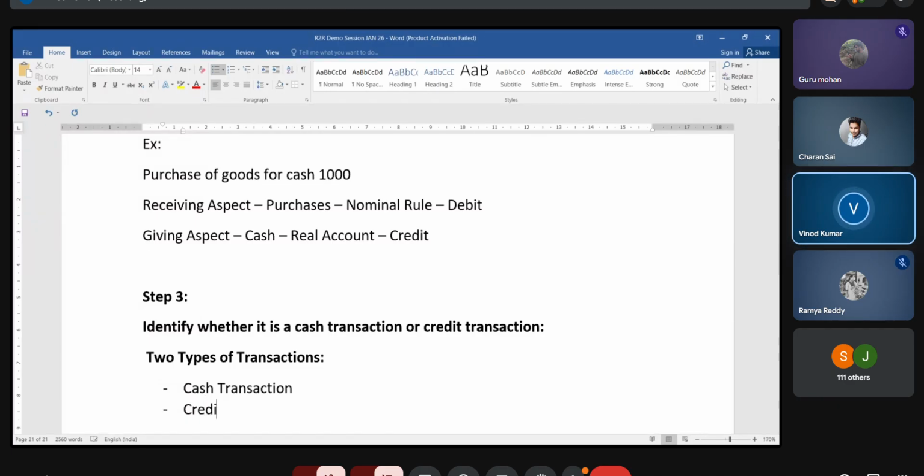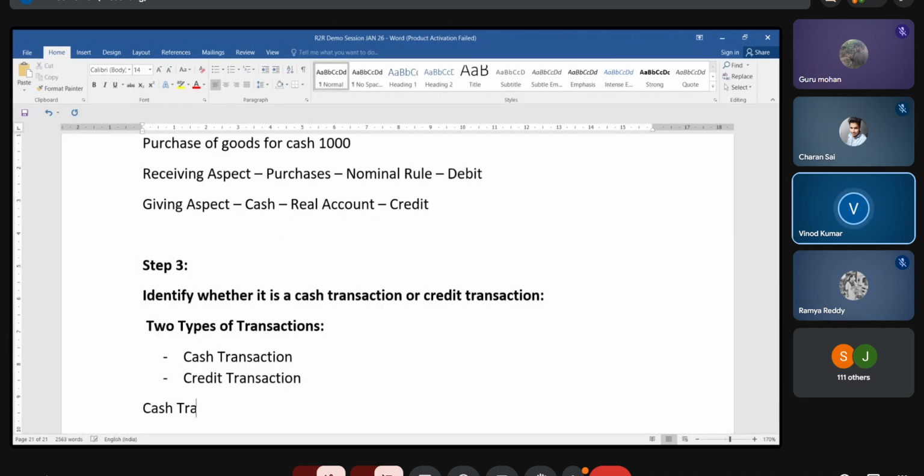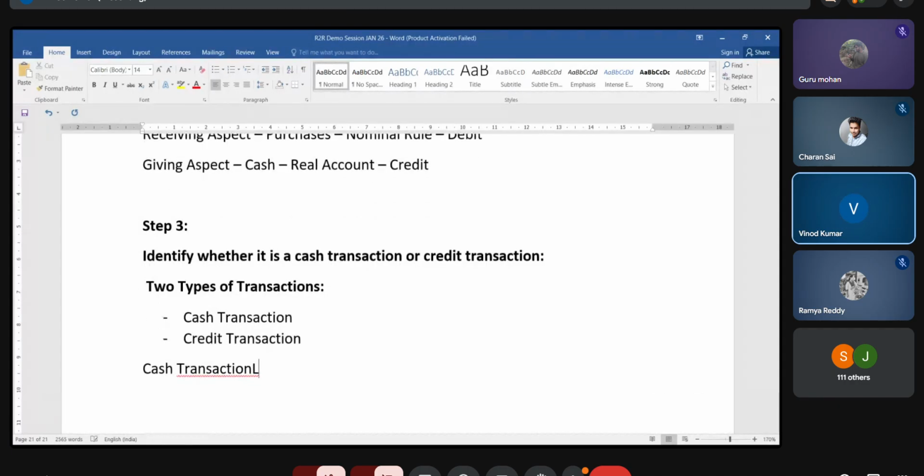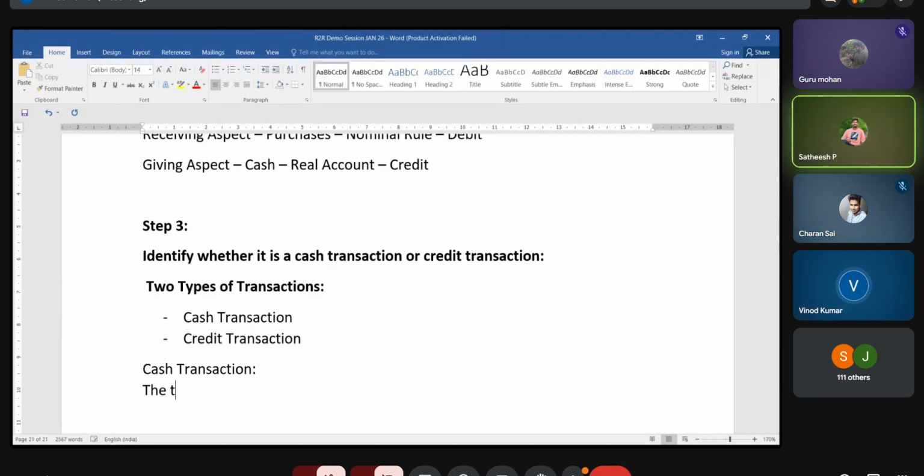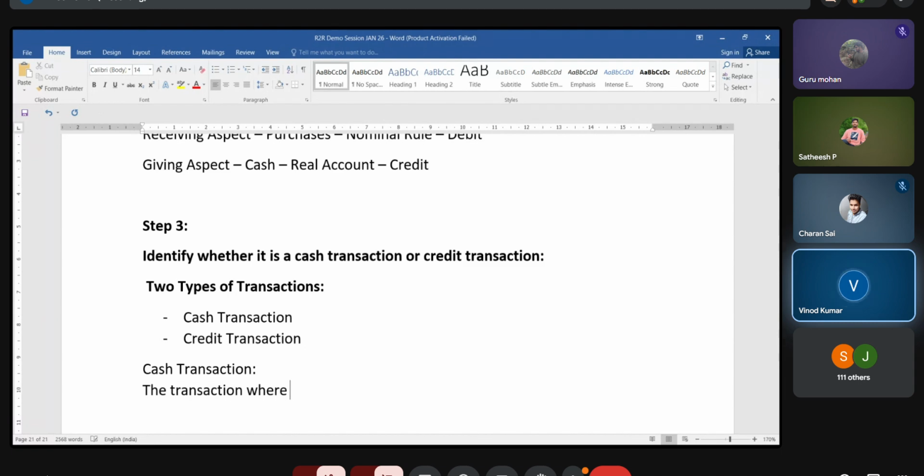Cash transaction and credit transaction. So cash transaction is nothing but the transaction where immediate payment of cash is made once goods are delivered.